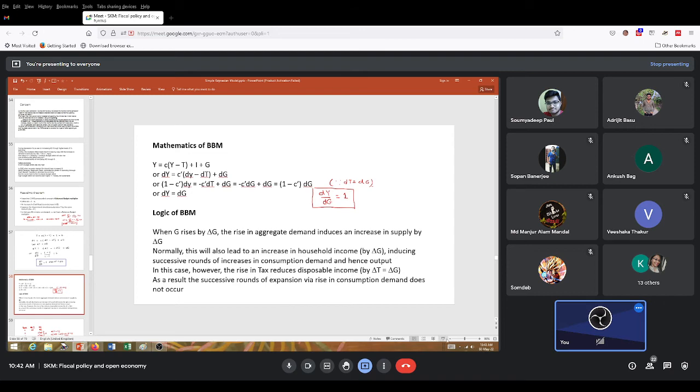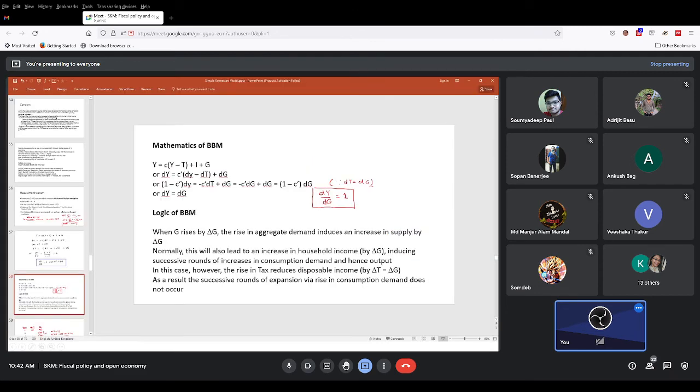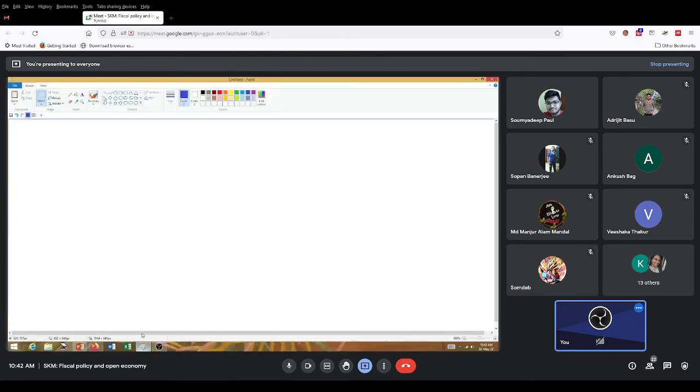Now if you come to the logic of the curve, let me show this over here. Why is the BBM equal to 1?